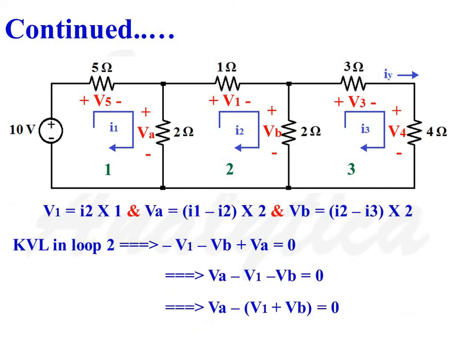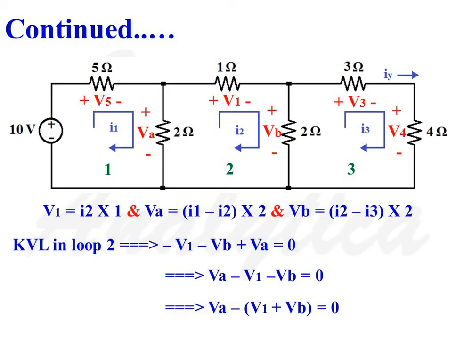There are 3 voltage terms in loop 2. The 3 voltage terms are voltage drop across 2 ohms resistance VA, voltage drop across 1 ohm resistance V1 and voltage drop across 2 ohms resistance which is denoted as VB. According to Ohm's law, VA is equal to (I1 minus I2) into 2.